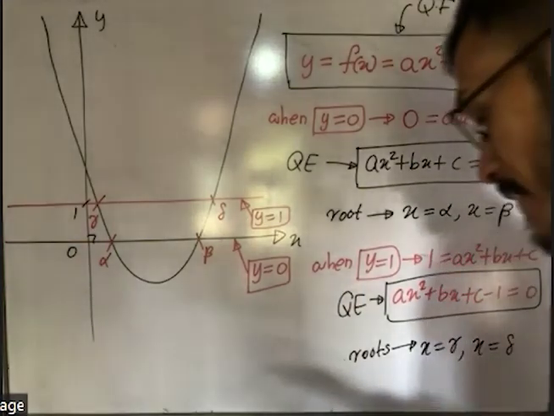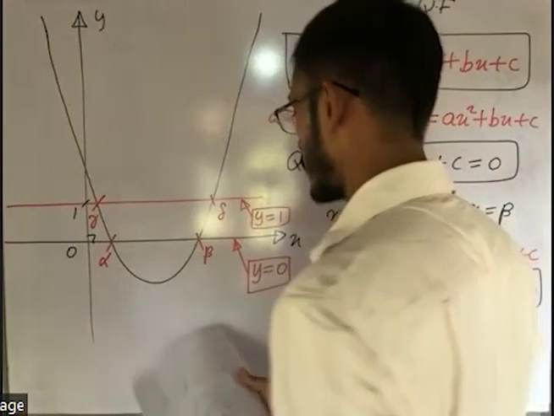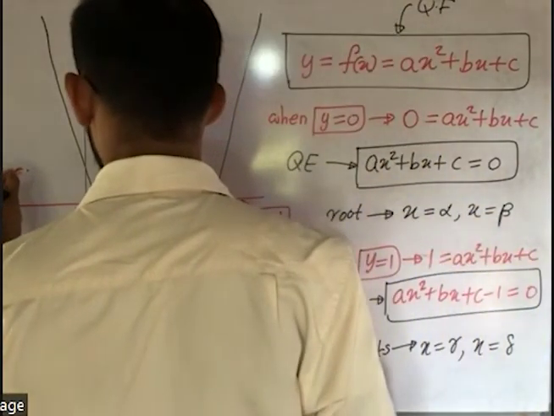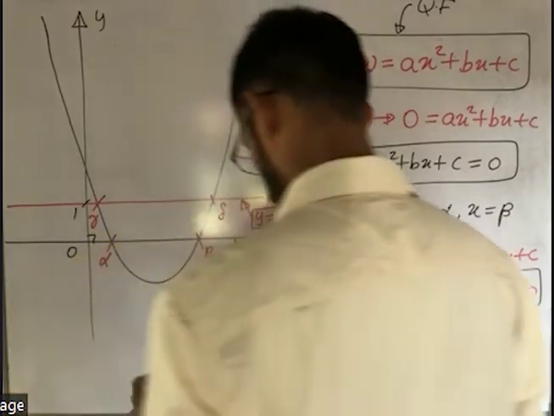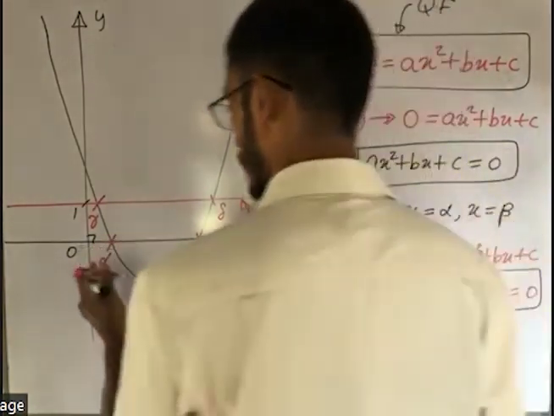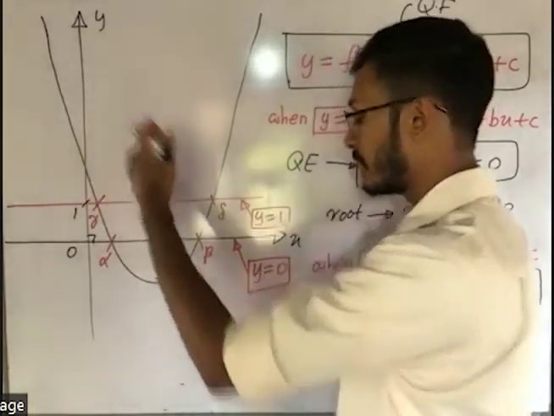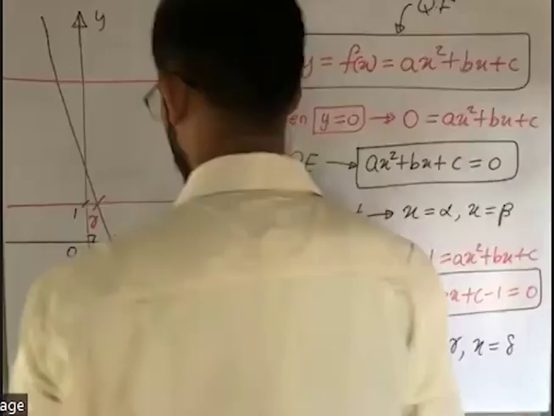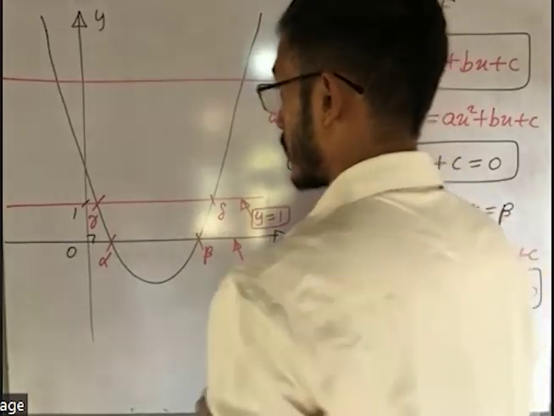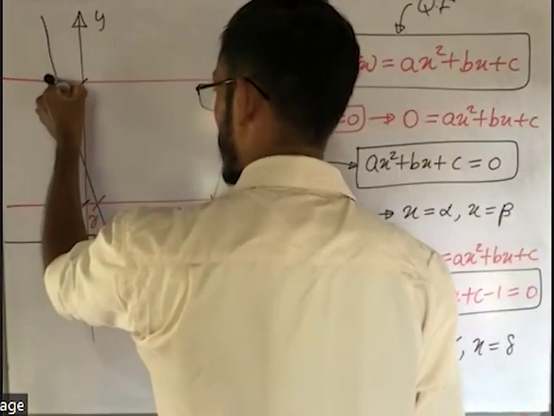So I will take another example. I will take y equal to 0, 1, 2, 3, 4. We can make a number of equations. So here I will take this value as k.